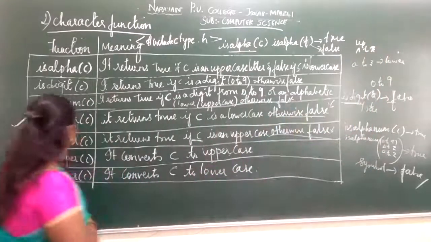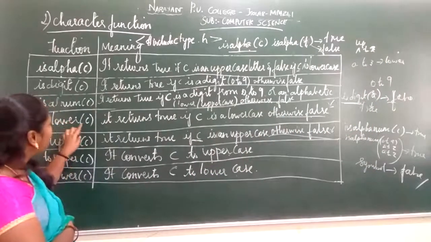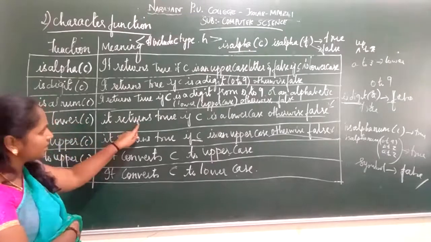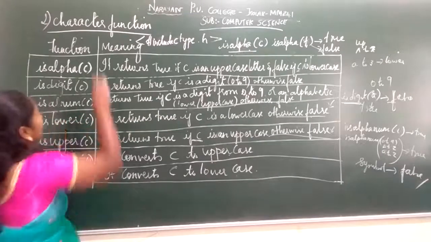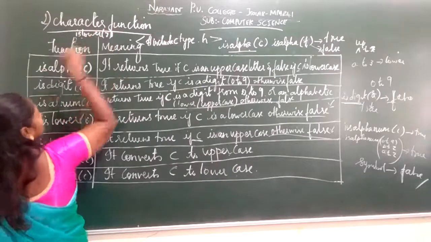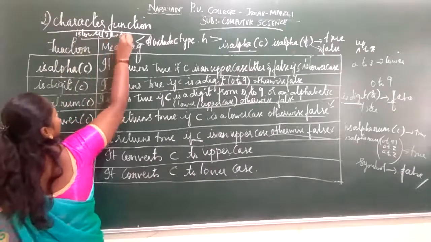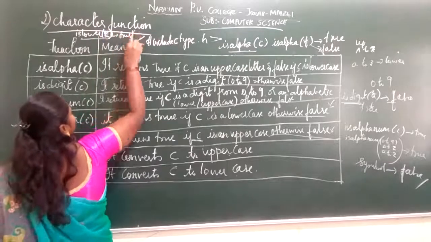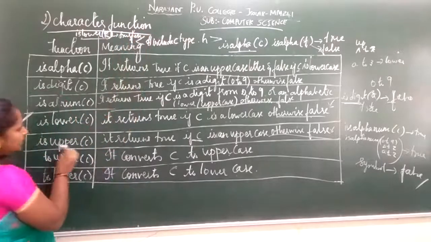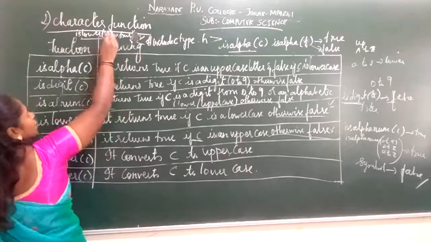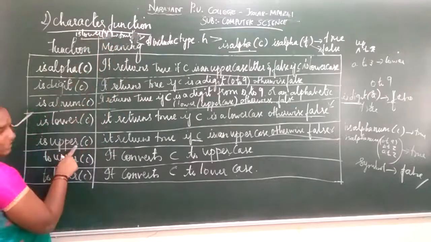So if you give islower(c), whatever c, let it be small r, it will return true. If you use a capital R, it returns false. Similarly, isupper means it should be a capital R, then it is true. If it is a small r, for example, it returns false.